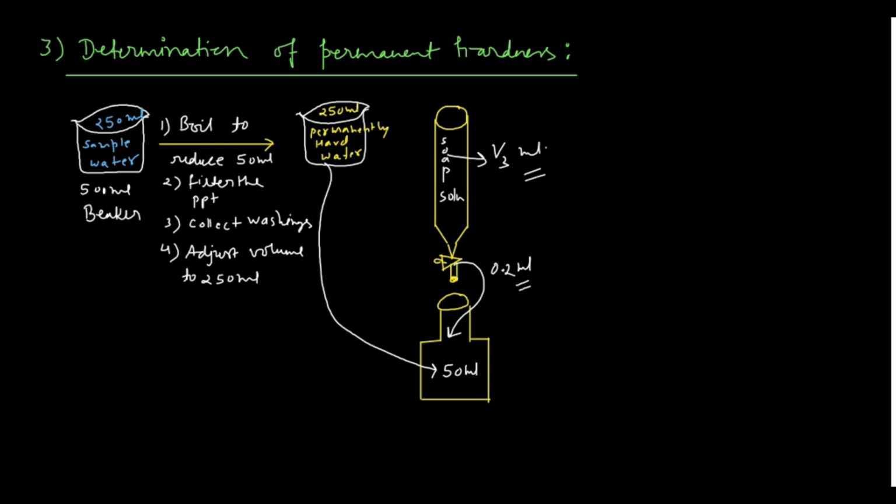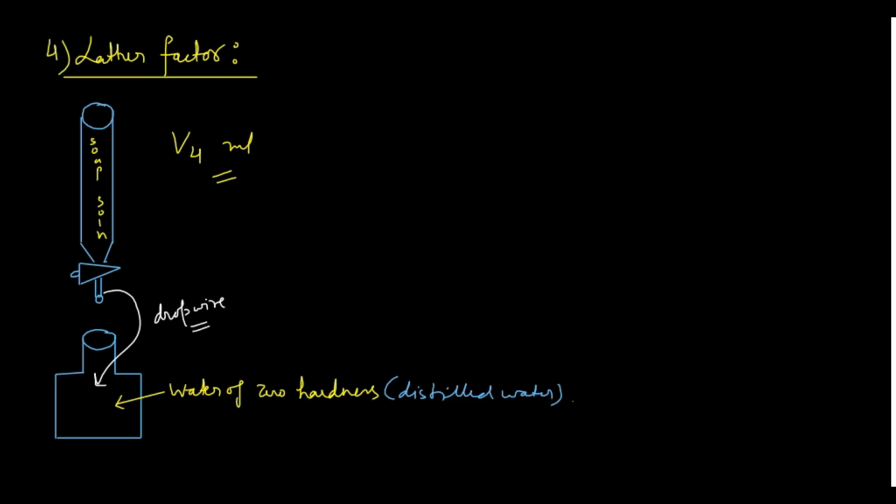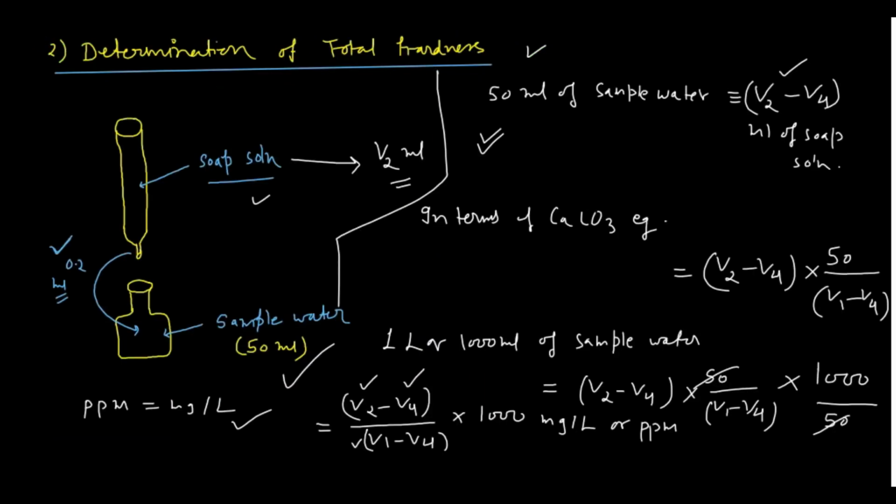Okay, now the calculation. How will I do the calculation for this permanent hardness in the same way? If I go back, right here you get this value, V2 minus V4, V1 minus V4, and this is the determination of permanent hardness.